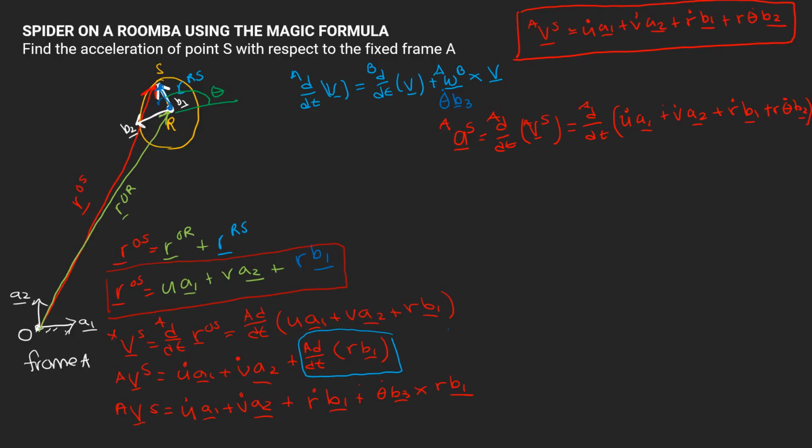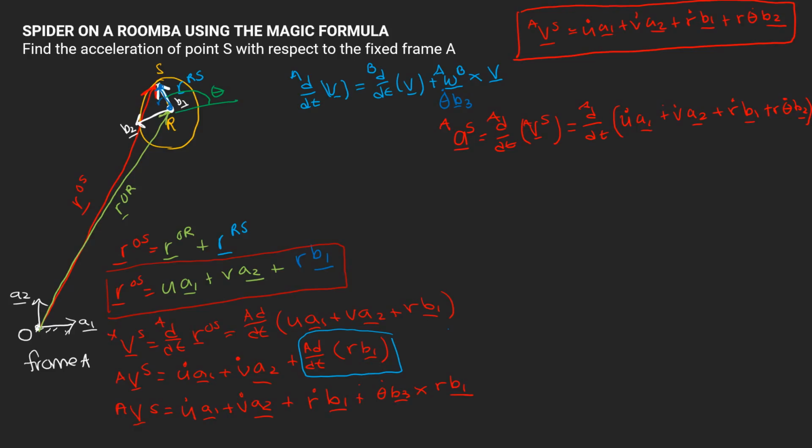You might recognize right away that we have to take the time derivative in frame A, but we have some terms written in terms of b1 and b2, the unit vectors of frame B. So it turns out that we actually have to use the magic formula again.